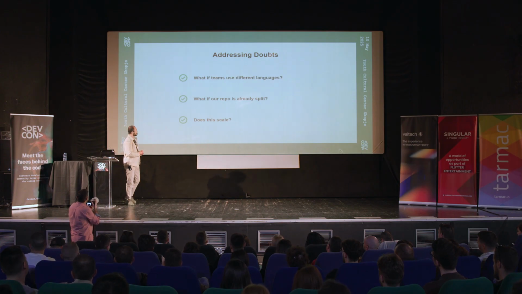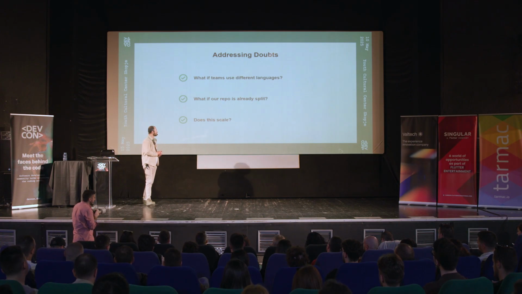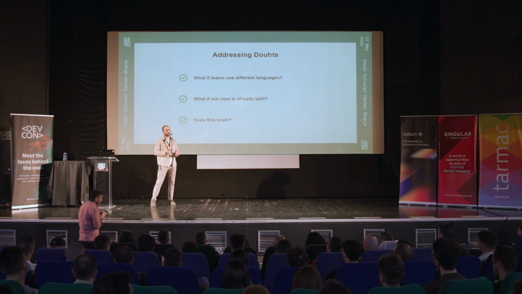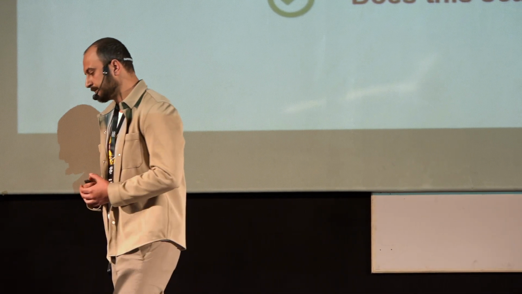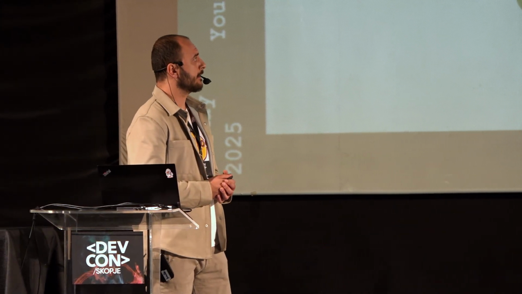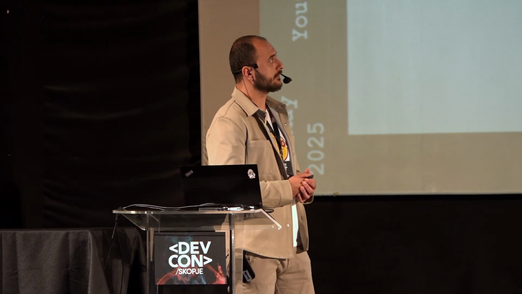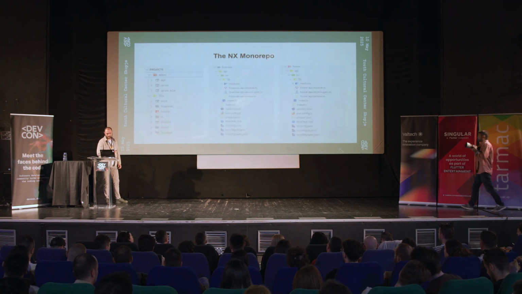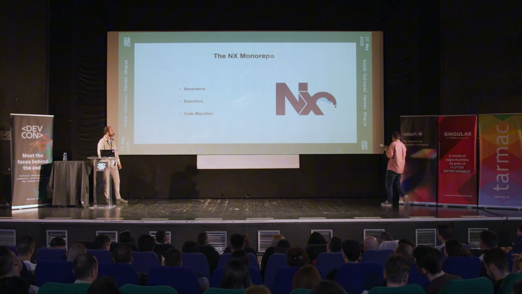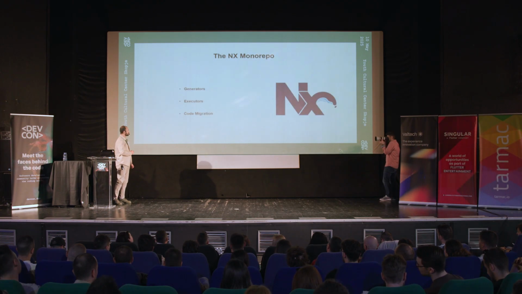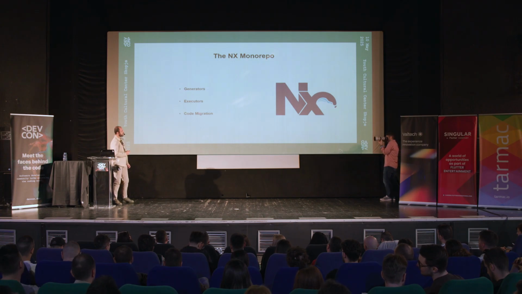Also, there was a doubt about what if our repo is split, which is the case in almost every other team. And this is also a very good question, because if you remember, I mentioned the code migration tool, which helps us with just one CLI command.